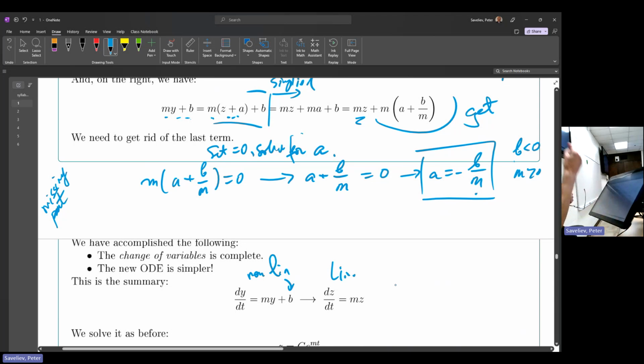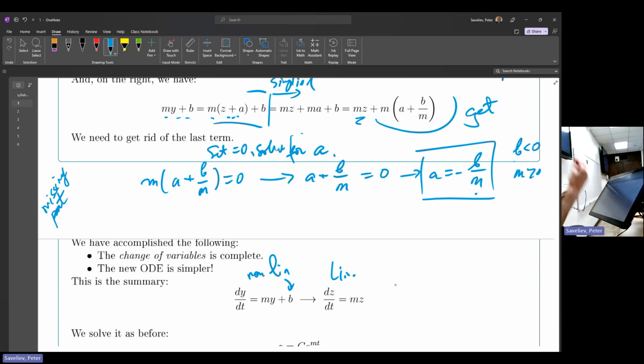So any shift could be positive or negative depending on which of those four possibilities, B and M each having two signs, and so there are two possibilities for whether A is positive or negative. When B is negative and M is positive, then A is positive. So you're shifting up, and that's the example we saw. The shift was positive in the vertical direction.